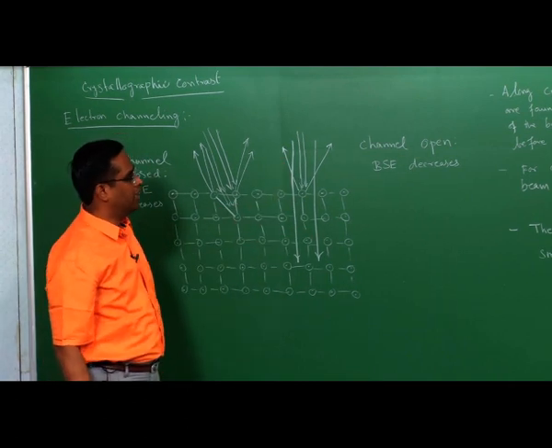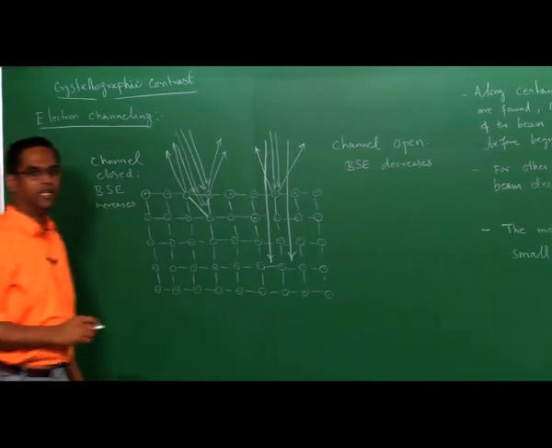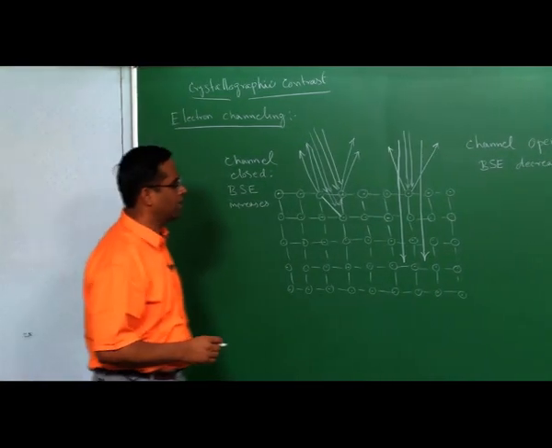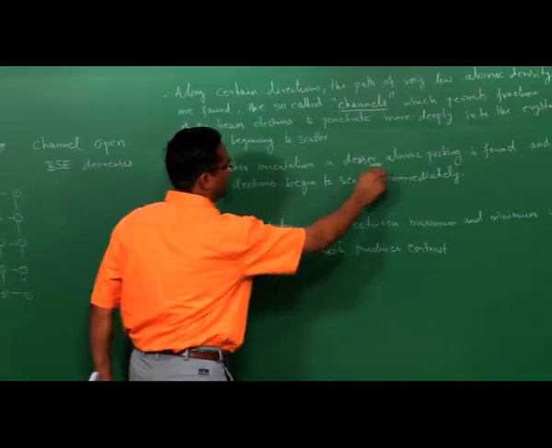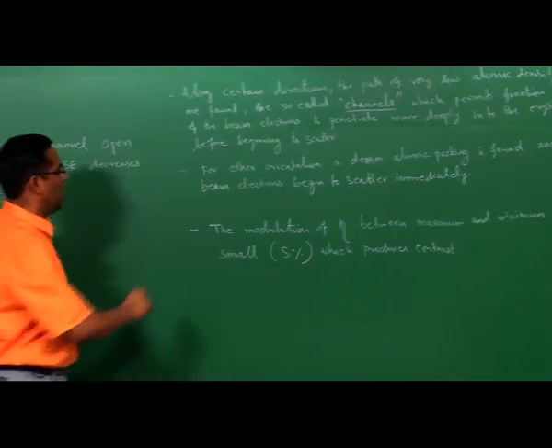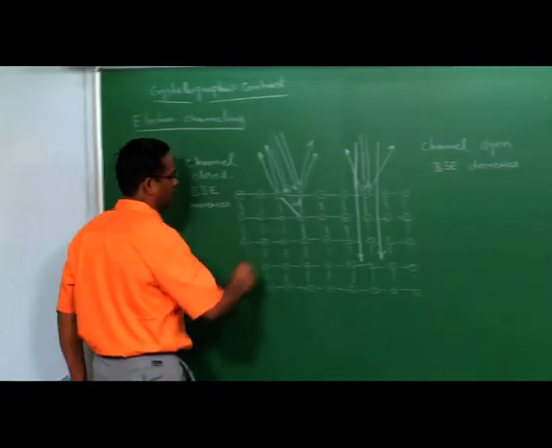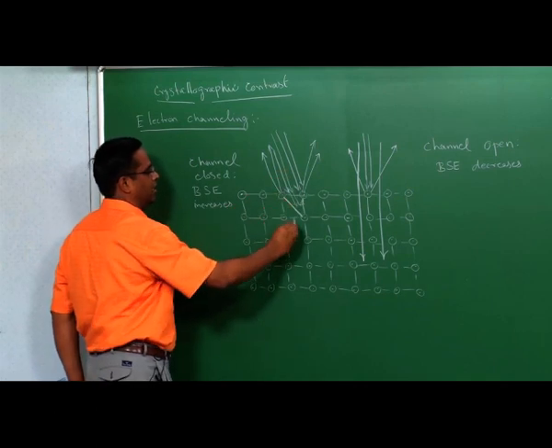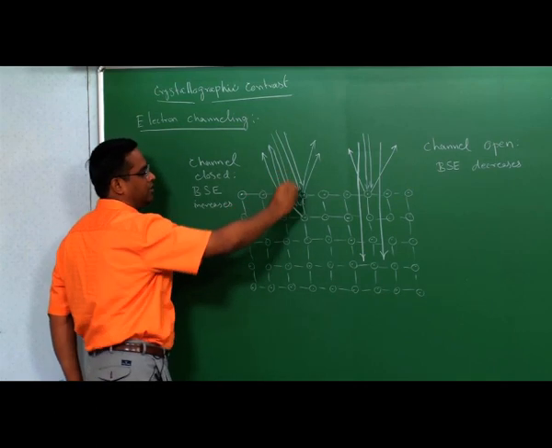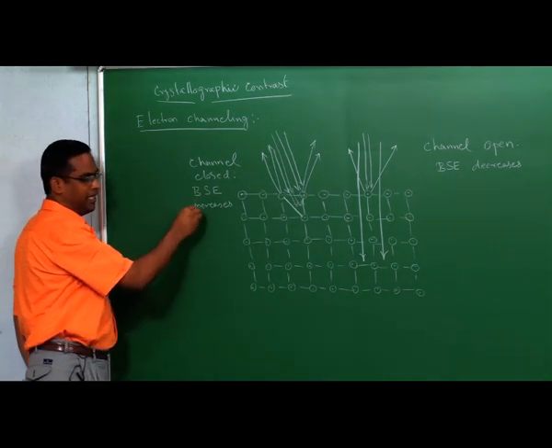That kind of signal will have very low yield, that is, the eta value will be lower. On the other hand, if in some other orientation the denser atomic packing is found, the beam of electrons begins to scatter immediately, something like this, where you do not have a clear channel here; the electron beam starts scattering from the surface itself, which promotes the BSE yield.